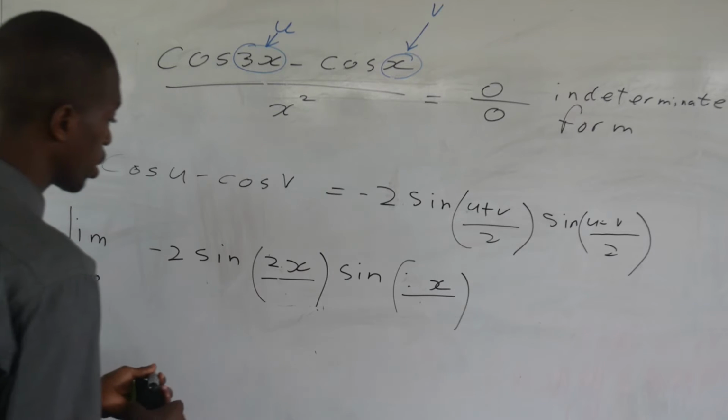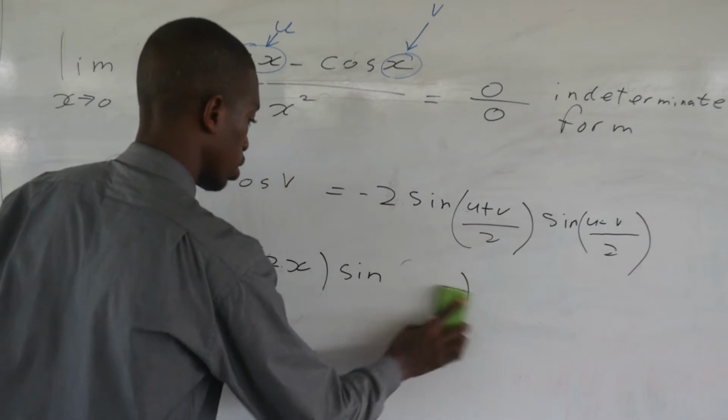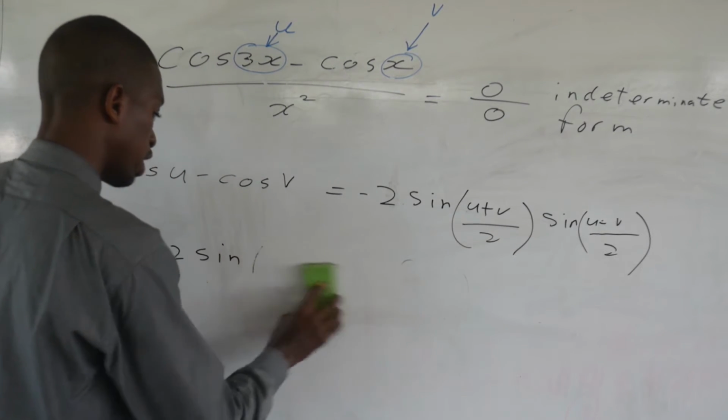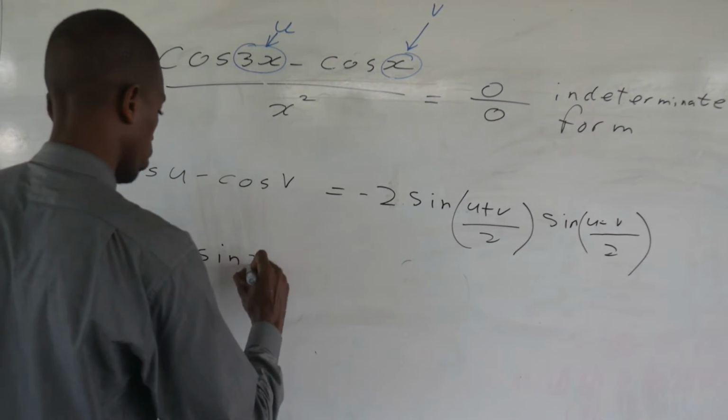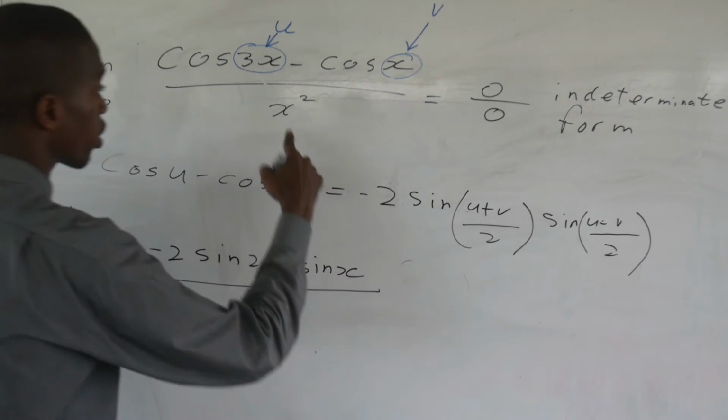So this just becomes sine 2x times sine x all over x squared.